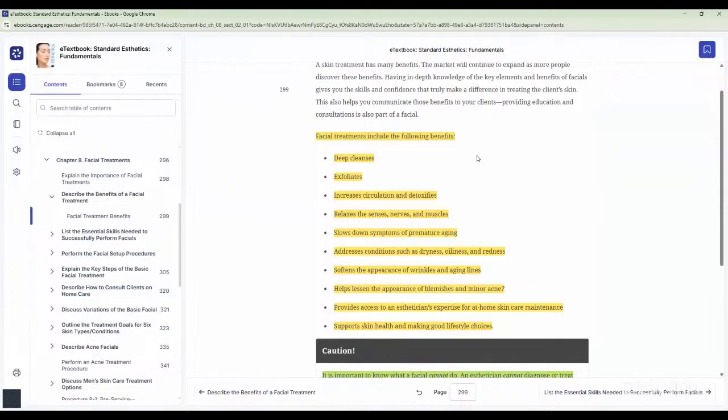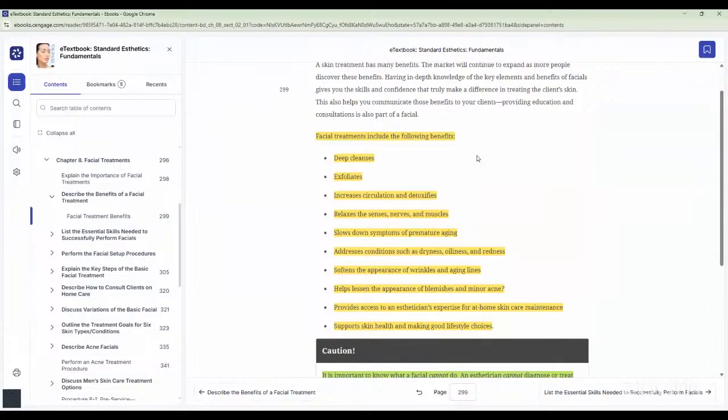Relaxes the senses, nerves, and muscles. Slows down symptoms of premature aging, which is key, addresses conditions such as dryness, oiliness, and redness, softens the appearance of wrinkles in aging skin, and helps lessen the appearance of blemishes and minor acne. So it's going to start to reduce those things, okay?